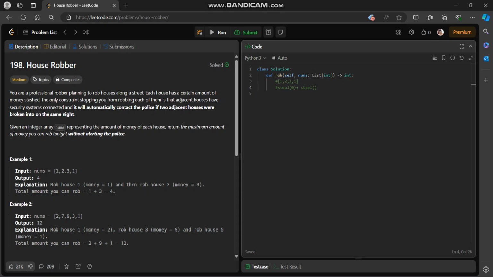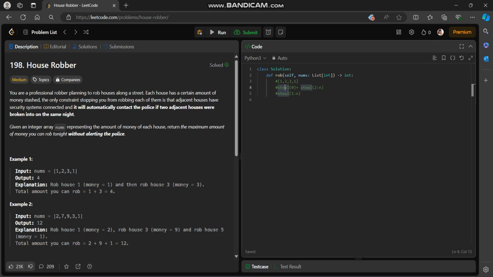We need to exclude the adjacent, right? So we need to steal from 2 to n, or we need to steal house number 1 plus the rest. So this is the basic thing which we need to keep in mind to solve this problem.